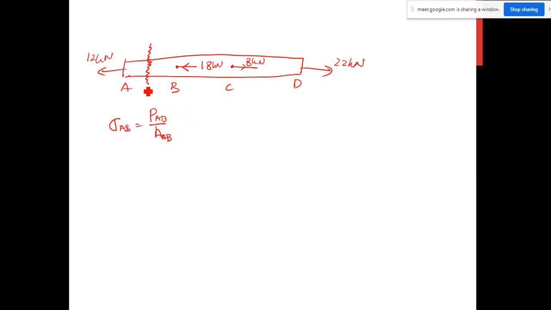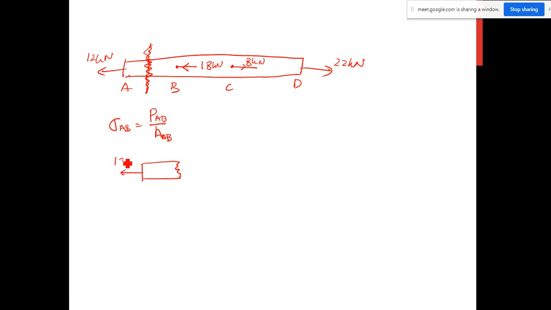You cut section AB, and then you can choose whether you want to analyze the left part or the right part of the structure. To make it easy, take the left part. So for this case you will have something like this.